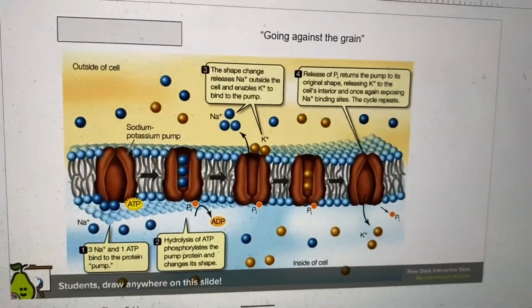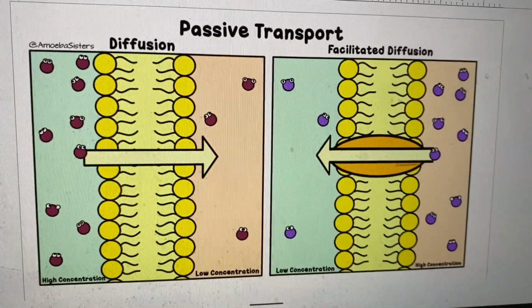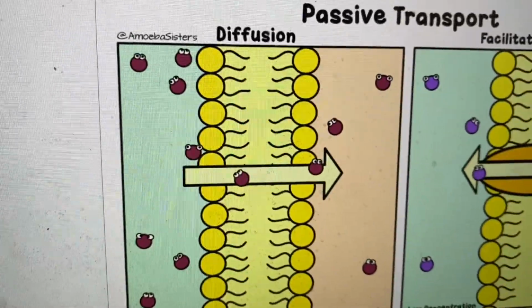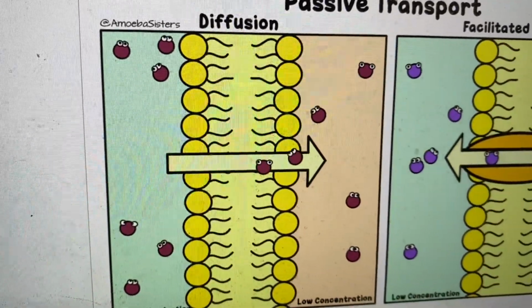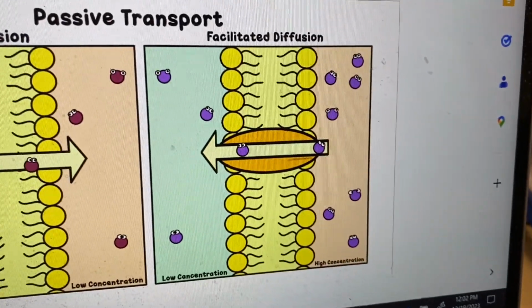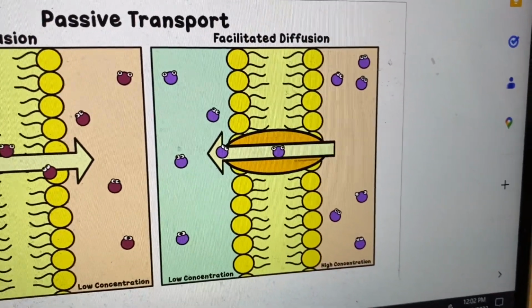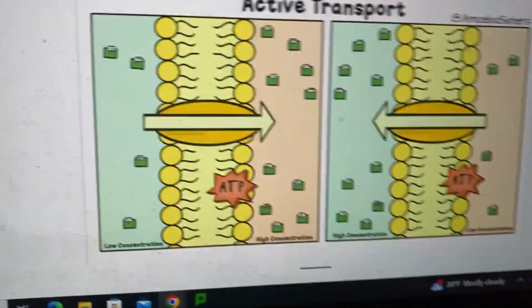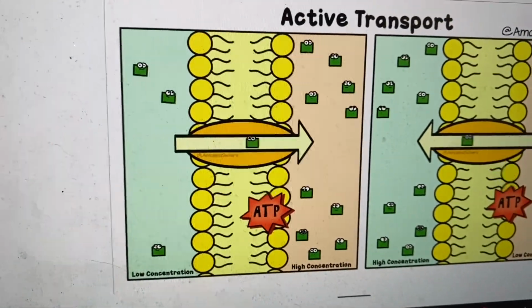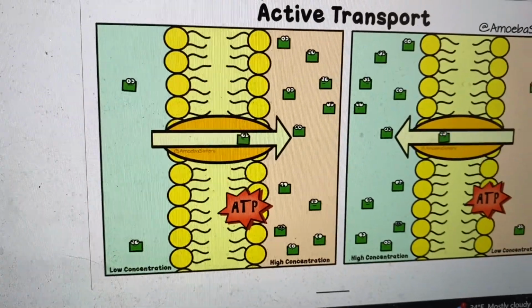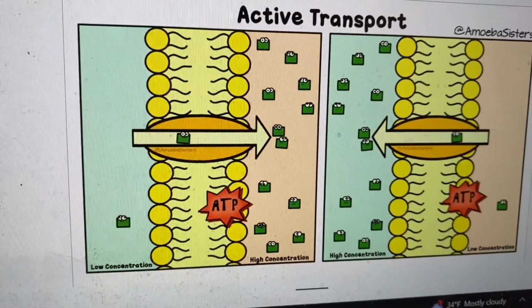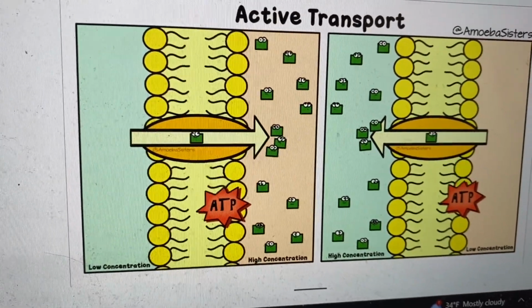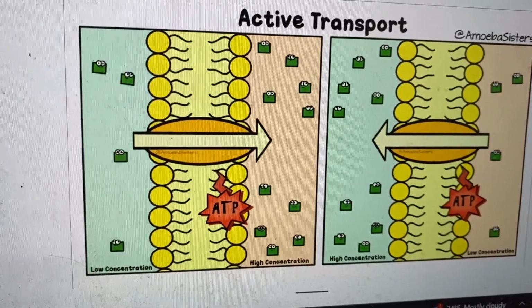Right, so for the cell membrane we learned simple diffusion, things moving through the membrane from high concentration to low concentration. We have facilitated diffusion, things moving from high concentration to low concentration, but through a channel. Then we have active transport, which is where you go against the concentration gradient, but you need to use energy to do that.